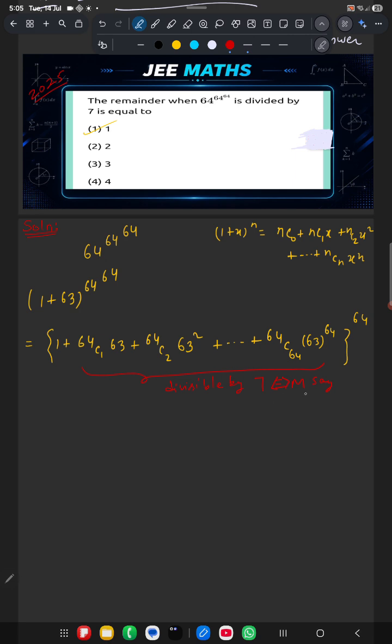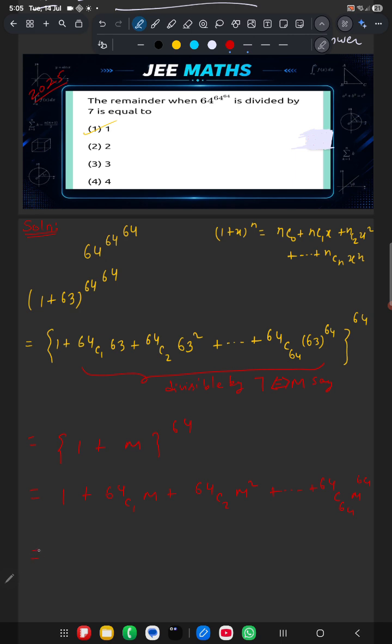So now I can write it as (1 plus m) whole to the power 64. Again, if you use the binomial theorem, you will get 64C1 into m plus 64C2 m square plus ... 64C64 m power 64, and all the m terms are divisible by 7.